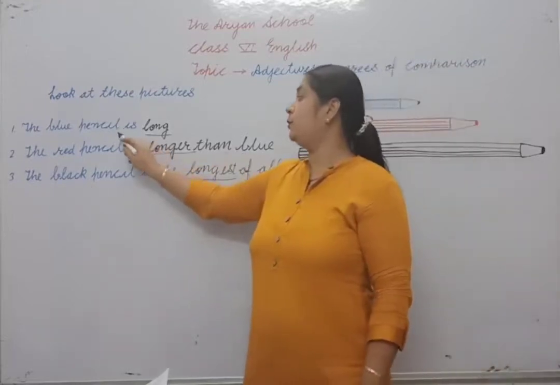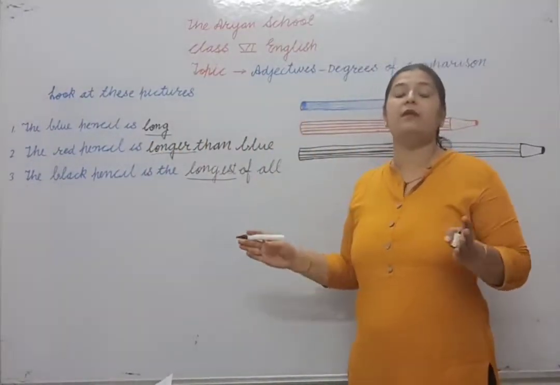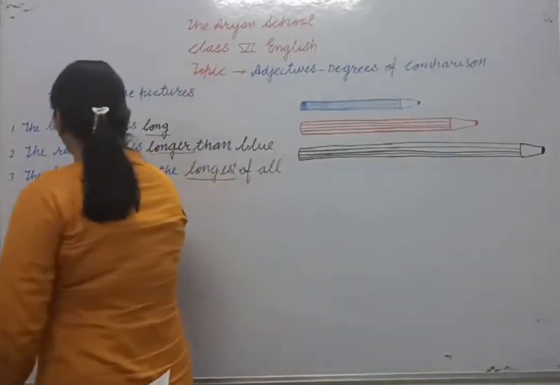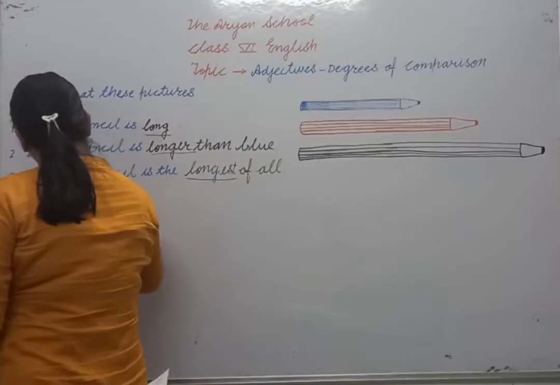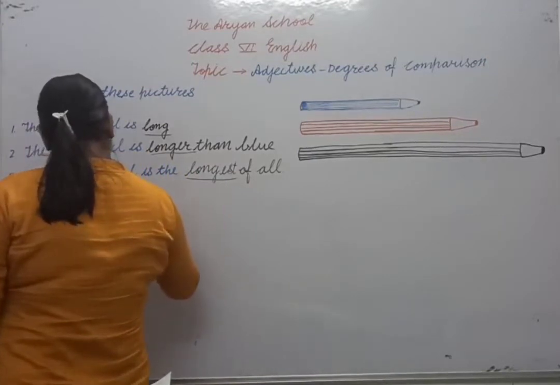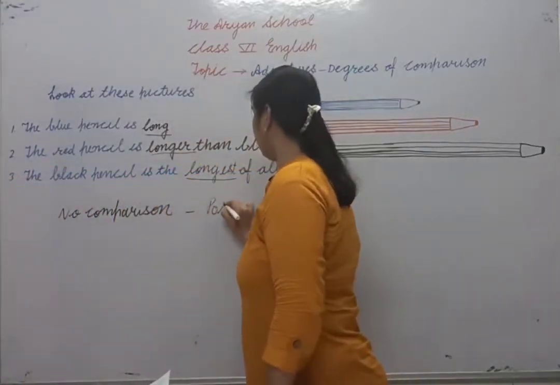When I say the blue pencil is long, it means it's a positive degree. I'm not comparing anything. So, when we do no comparison, it is called positive degree.